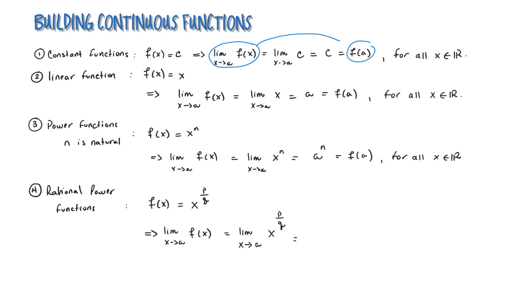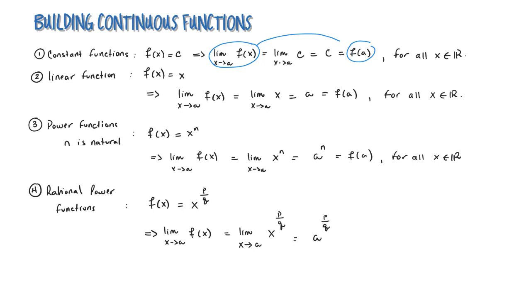By properties of limits in section 2.3, this is the same thing, if you remember, as applying the limit to the inner function right here, which is just x, and the limit as x goes to a of x is a. So this just becomes a to the p over q.